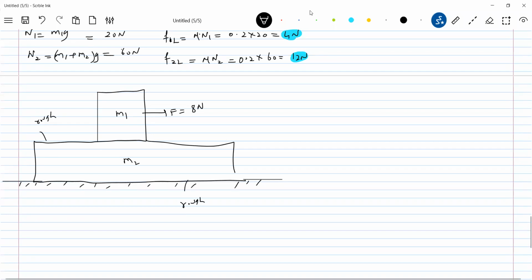Then we have F1L, F2L values: 4 Newton, F2L is 12 Newton. I applied 8 Newton. This will be really very troublesome for you. What can happen to the block M1?